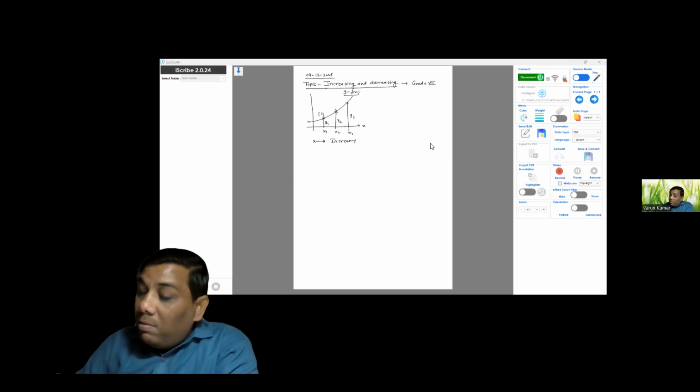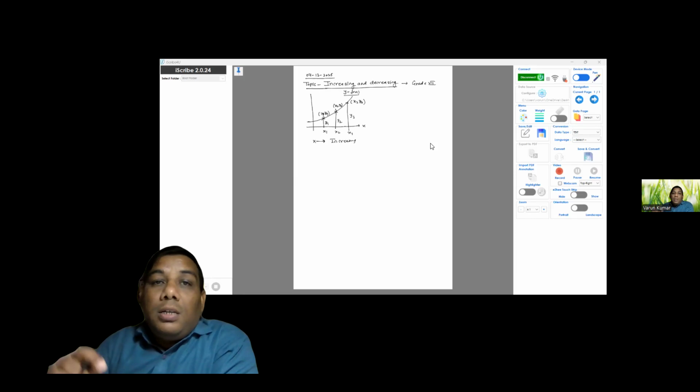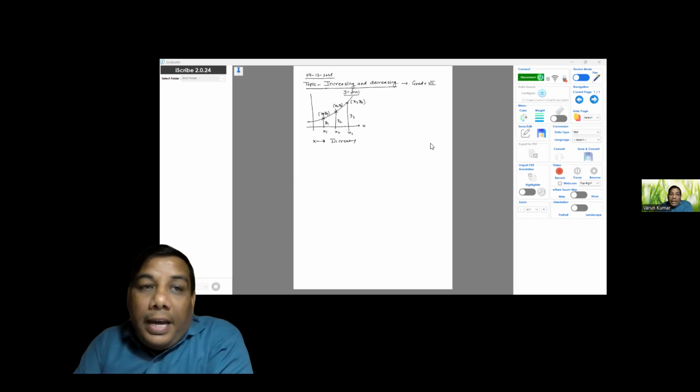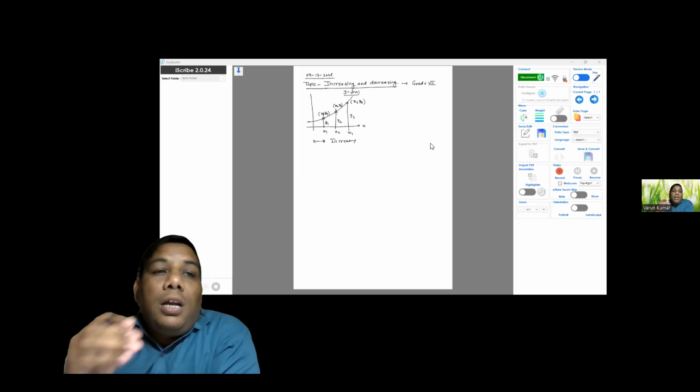Now these coordinates will become (x1, y1), (x2, y2), and (x3, y3). As soon as x is increasing, y is also increasing parallel to x.